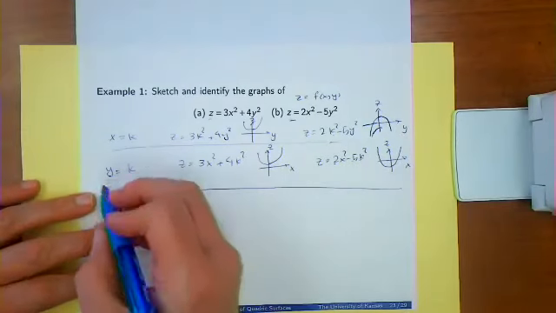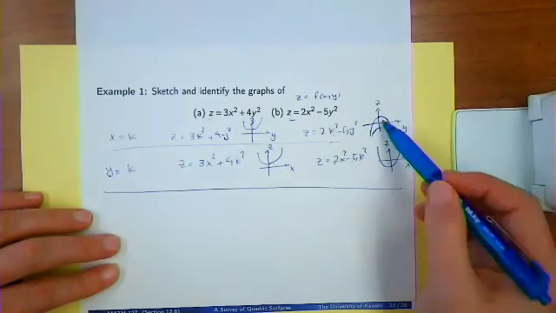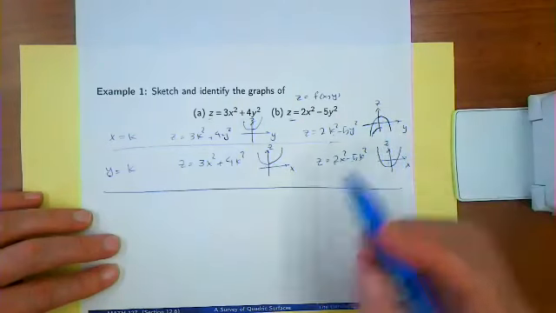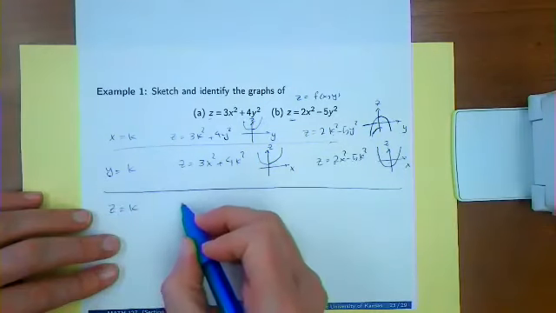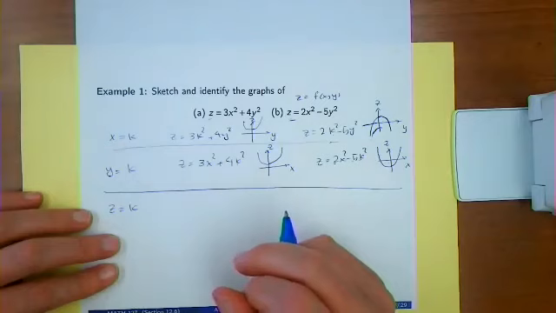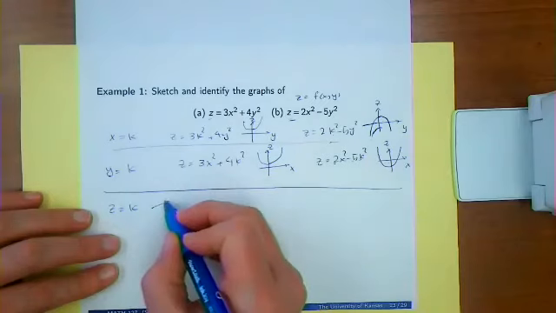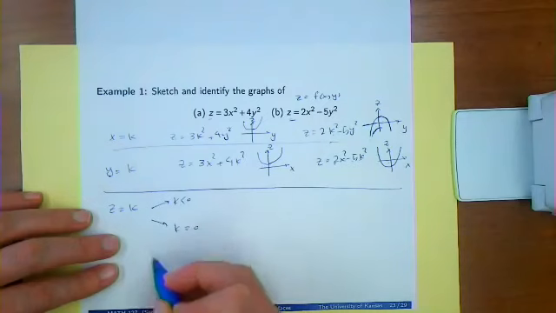Now, these two are both parabolas looking upward. These two, one upward, one downward. And then I have z equal to k. Now this may change things, for certain k's, let's say k negative, k equal to 0, k being positive.